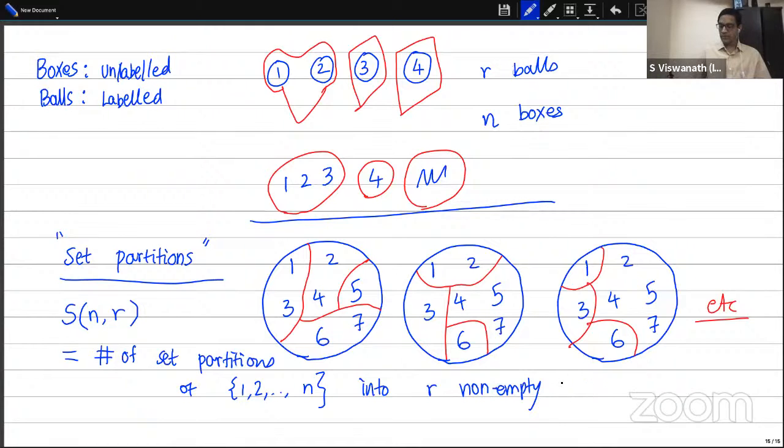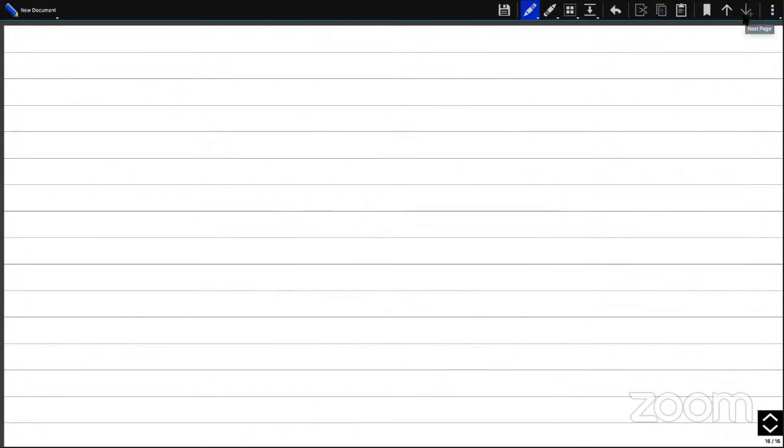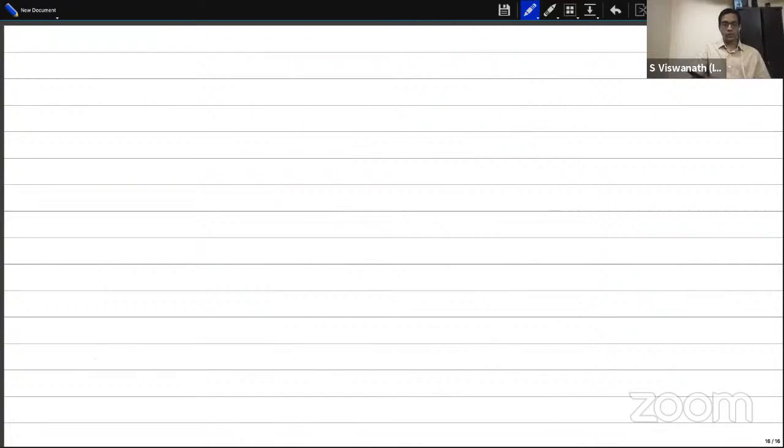For example, the ones on this diagram are all partitions of 7 into 4 blocks. Sometimes we call these blocks. And there are many more. For this number there is no very easy closed form formula. It's a very important number. It's called the Stirling number.